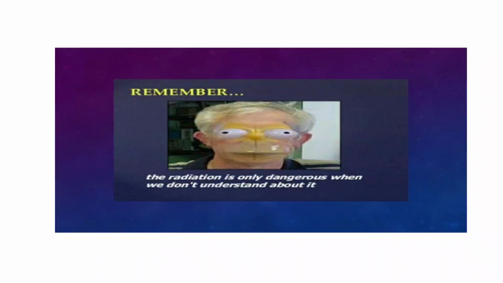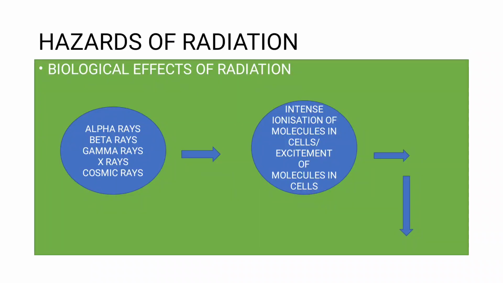So when we are exposed to different types of radiation like alpha rays, beta rays, gamma rays, X-rays or cosmic rays, that will cause intense ionization of molecules present in the cells and produces excitement of molecules in cells.